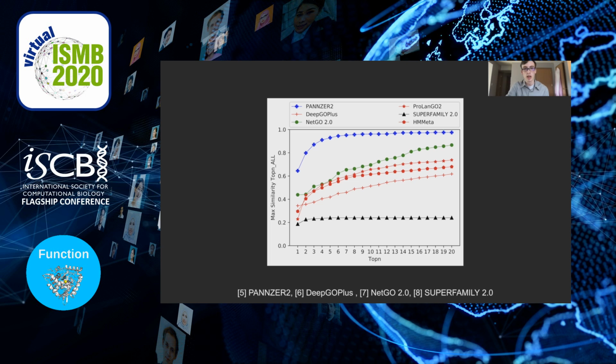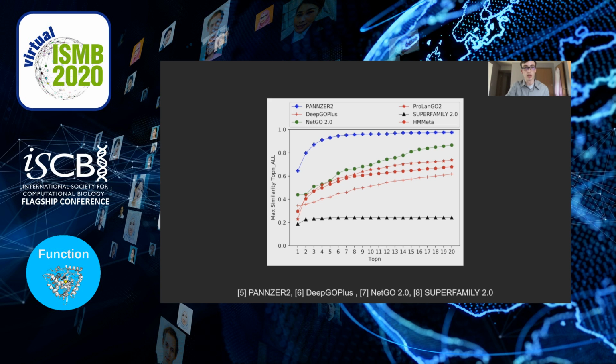As you can see, the blue method, Panzer II, is a similarity-based method. It uses BLAST searching and performs very well. The green is a network-based solution, NetGO 2. The red lines are sequence-based methods. The star is Prolango II. The pentagon is HMM Meta, which is an in-house method developed by Cao Labs.